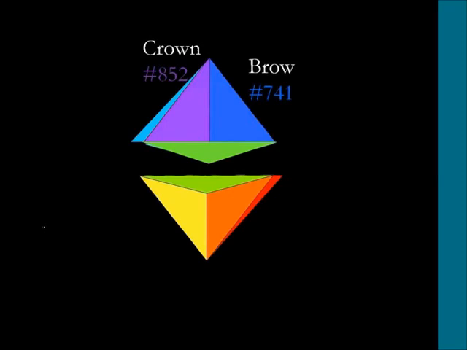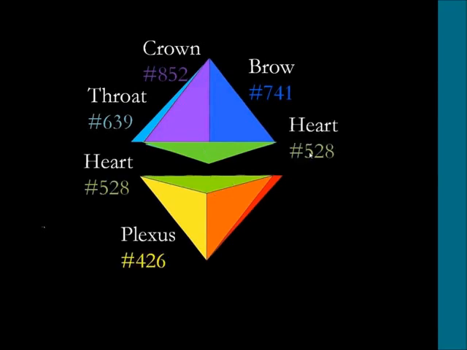And so if we just go around, we find that in the higher triangle, or the higher tetrahedron, we have the crown, we have the brow, we have the throat chakra. Again, the heart is the intermediary. But on the lower triangle, we still have the heart, and we have the solar plexus, we have the pelvis, and we have the root chakra. So there's been a bit of a change in how we configure this and how we look at that.